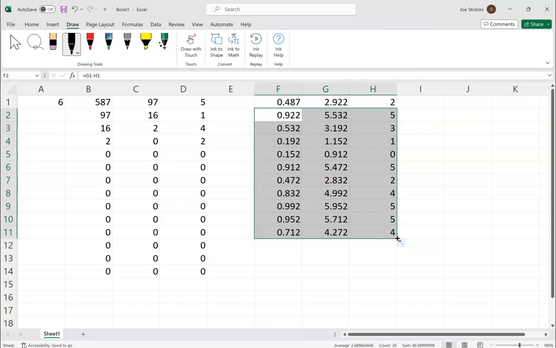Oh, so it was base 6. Oh, you want to do, so this is the, oh yeah, the integer part will just be that. So I just want the integer part of this piece, not the division.